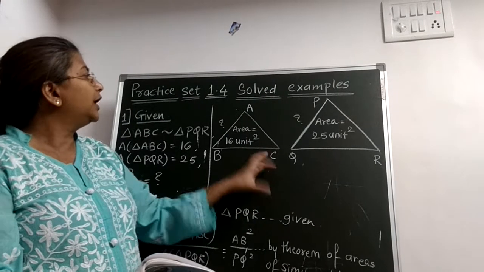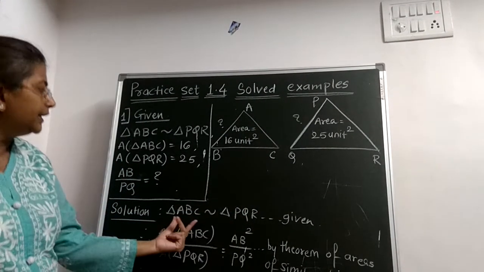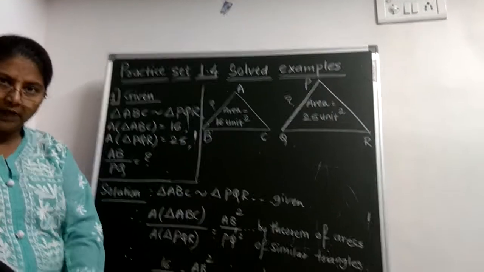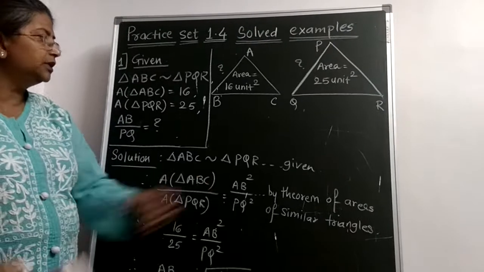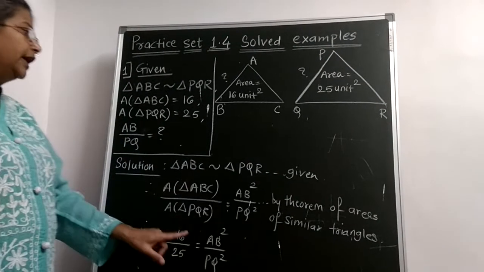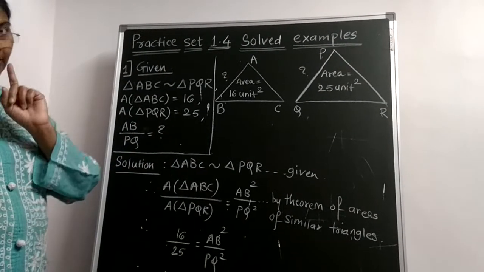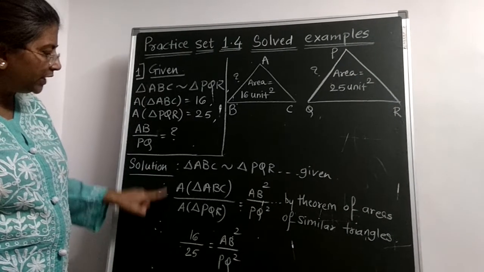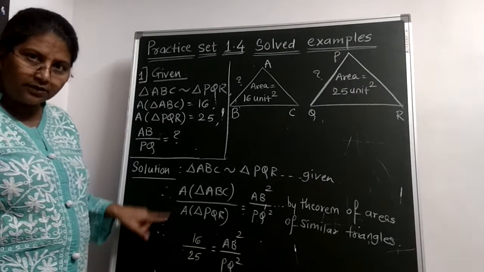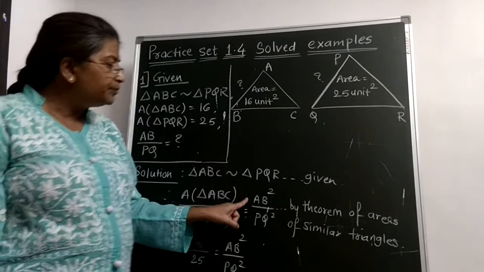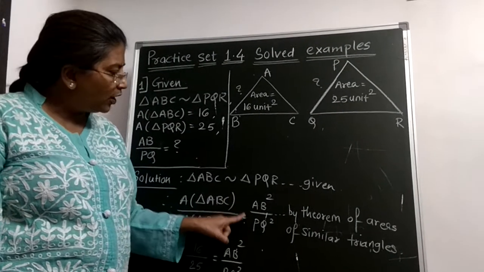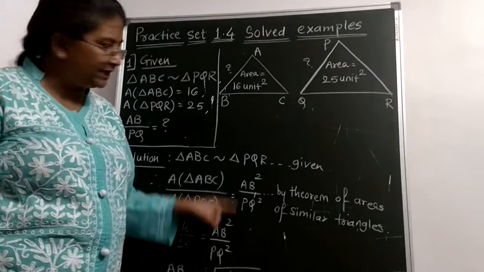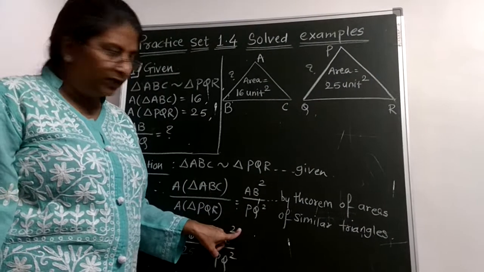As per given, triangle ABC and triangle PQR are similar to each other. Then by the theorem of areas of similar triangles, we can say that the ratio of the areas of those two triangles is equal to the ratio of the squares of the corresponding sides, AB square and PQ square.